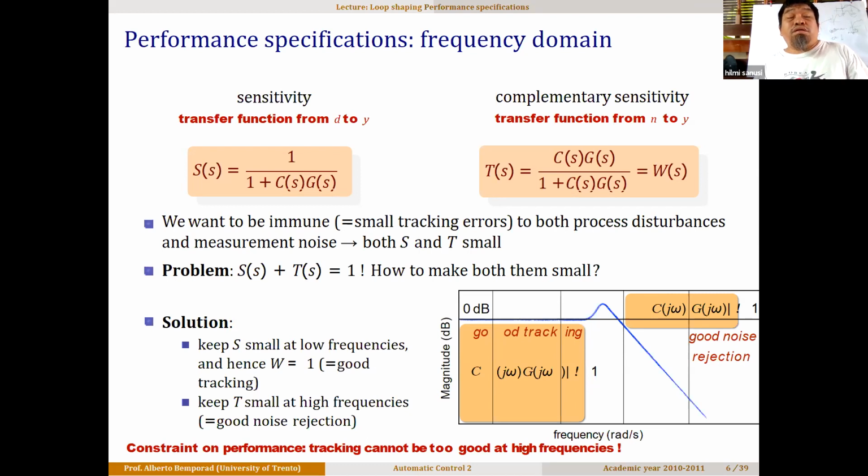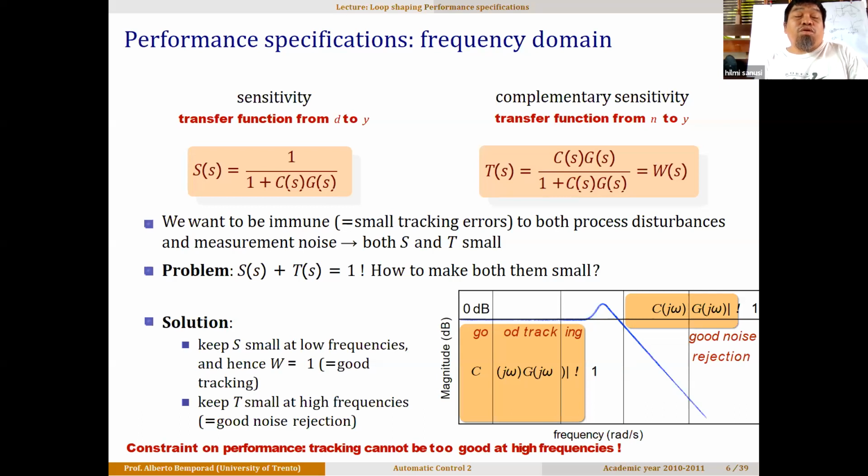So if I have the transfer function and the complementary to the transfer function, if I add these up, how can we make this small? So the solution is to keep the sensitivity function small at low frequency.